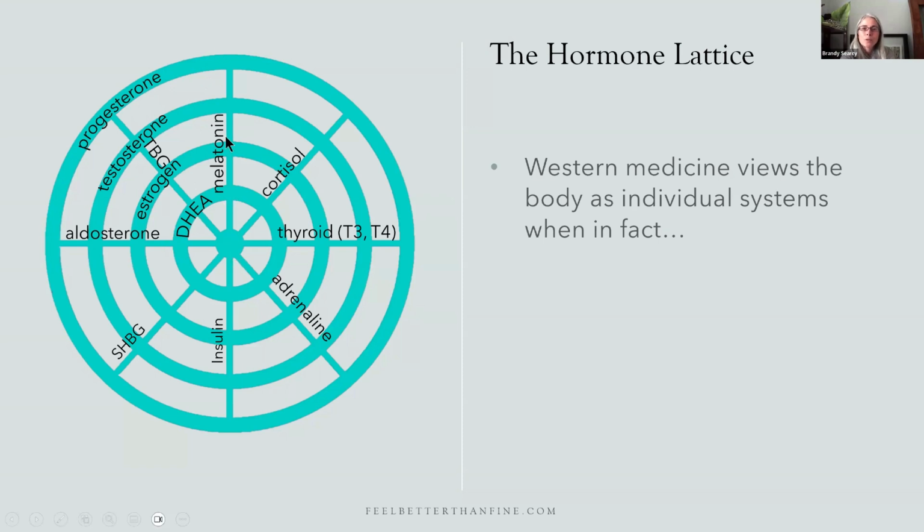And then the spokes, kind of like the spokes of a wheel, we've got melatonin, cortisol, thyroid. I grouped thyroid T3 and T4 here. Your thyroid gland also makes three other hormones, so we rarely talk about adrenaline, insulin. These two, SHBG and TBG, are not actually hormones. They bind hormones. They are binding globulins or binding proteins.